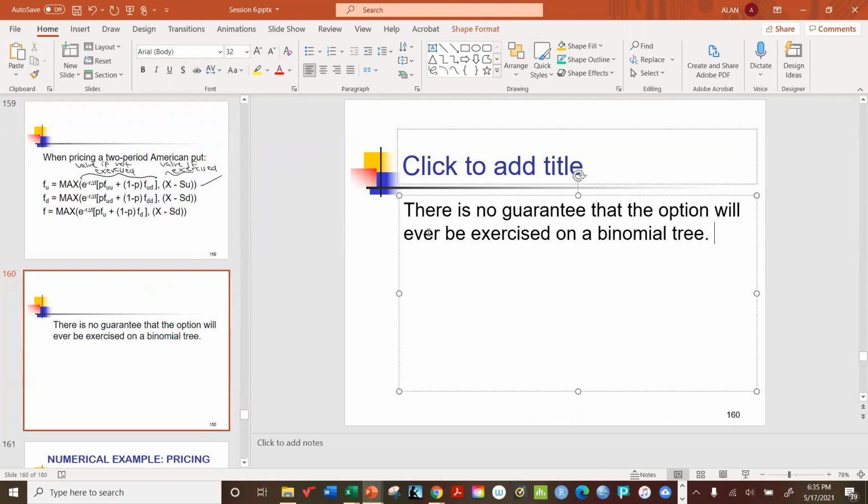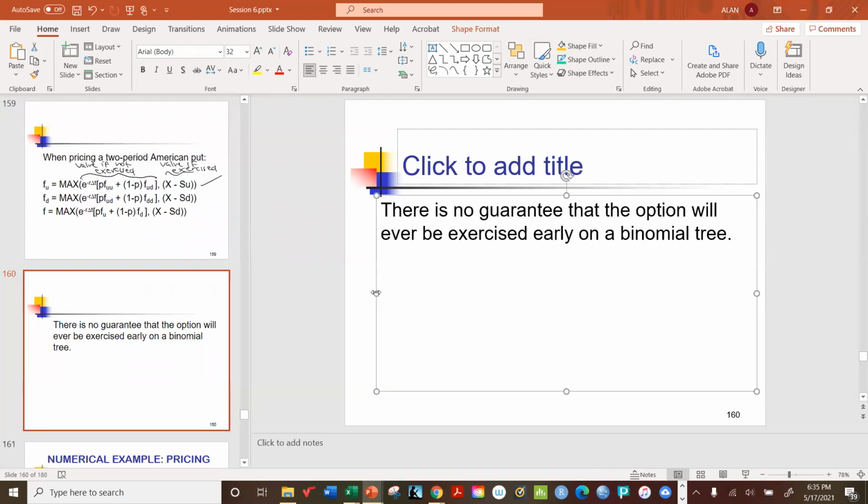So you might go through the whole tree and not find a single node where the option is exercised early. So don't be frustrated when that happens. It's possible that you won't get any early exercise. It does happen, especially when you only have a small number of steps. But the more steps you have, the more likely it is that the option will be exercised early.